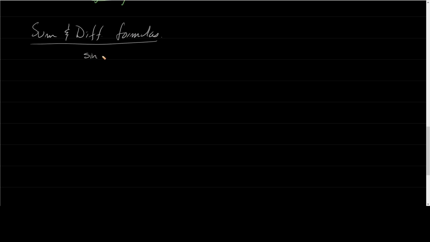If I have sine of u plus v, that's going to give me sine of u times cosine of v plus cosine of u times sine of v. Notice that I kept the u's and the v's in the same order, uv, uv, uv. So a nice way to remember this is sine, cosine, cosine, sine.